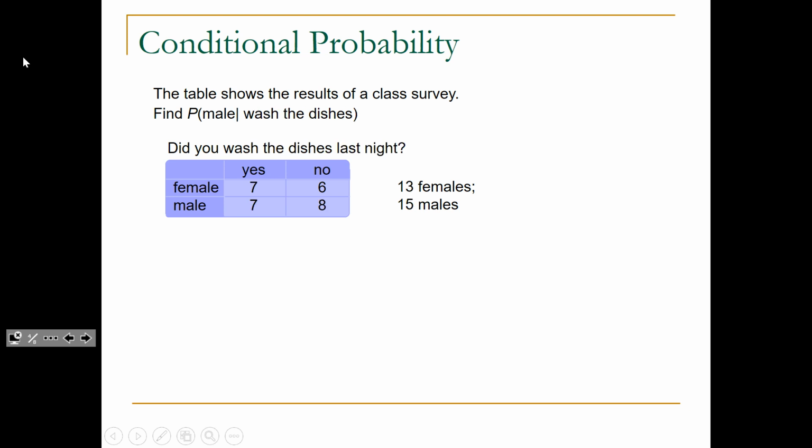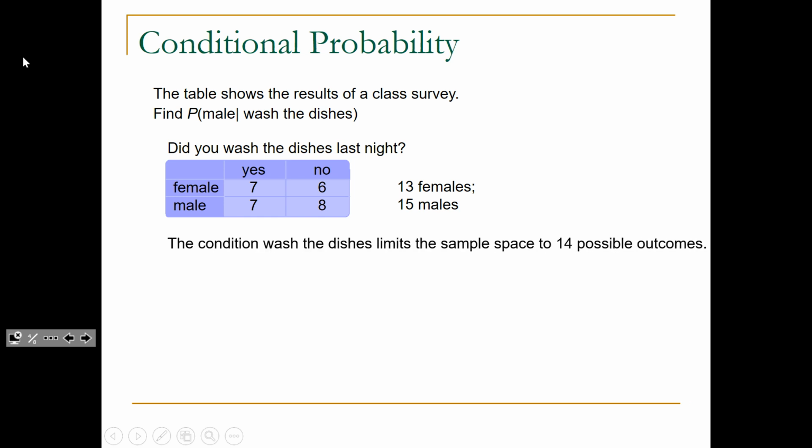Okay. All right, this next one says the table shows the results of a class survey. Find the probability of a male that washes the dishes. Okay? So remember, this part is what we're looking at first. How many people wash the dishes? So how many people said yes to washing the dishes? 14. Okay?